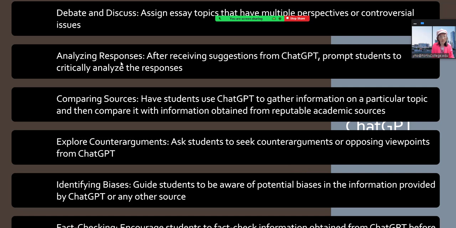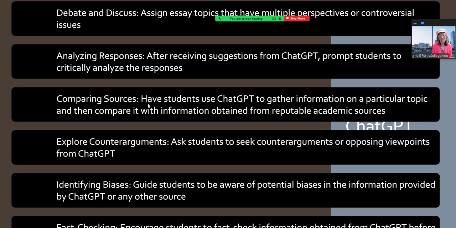You can analyze responses. After receiving suggestions from ChatGPT, prompt students to critically analyze the responses. Have students use ChatGPT to gather information on a particular subject and then compare it with information obtained from reputable academic sources. This means that with ChatGPT 3.5, some of the facts ChatGPT could hallucinate.